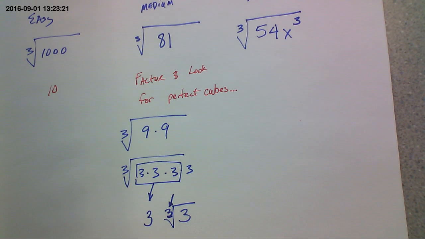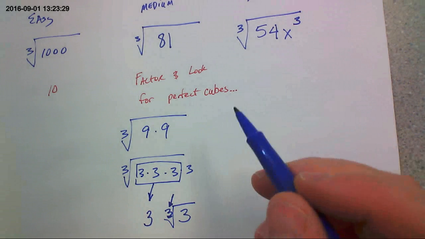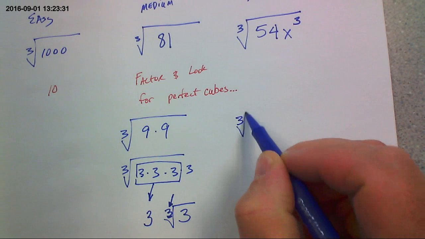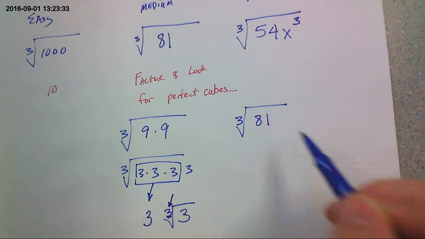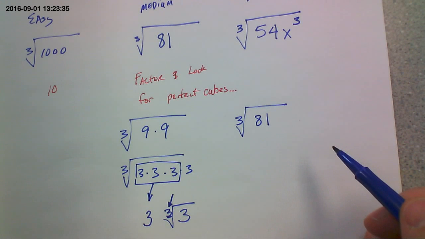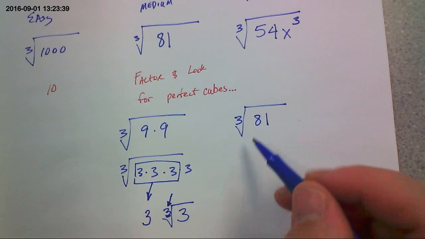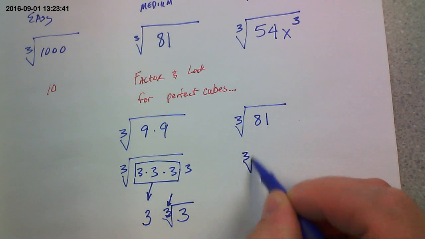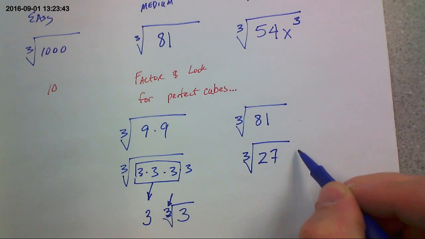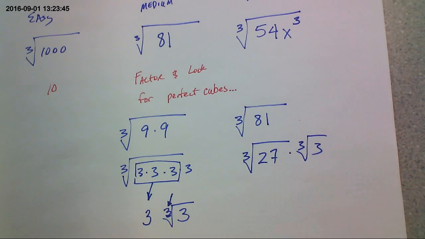Do you want me to show you the easy way to do it? Is everybody ready? Okay. So the easy way, I'm going to rewrite the problem right here. 81, right? I know 3 goes into there. 3 goes in there 27 times. 27 times 3 is 81.